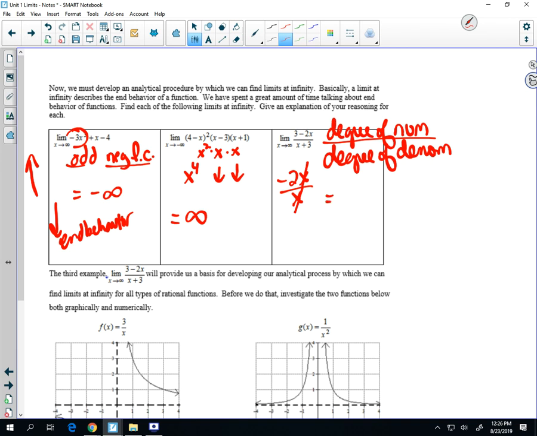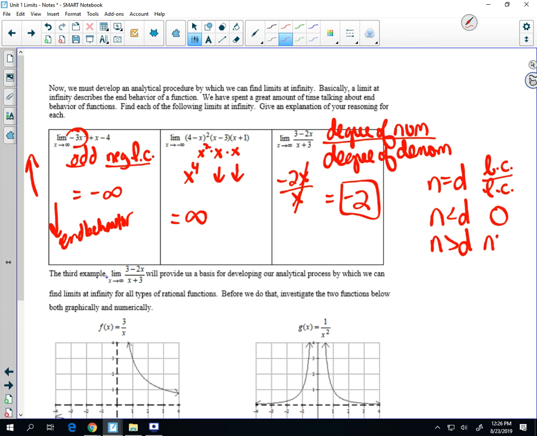So the limit here is negative 2. So remember this, if the numerator is equal to the denominator degree, you take the leading coefficient over the leading coefficient. If the numerator is less than the denominator, it's always 0. And if the numerator is greater than the denominator, there is no horizontal asymptote. Again, it's all coming back to you maybe, right?